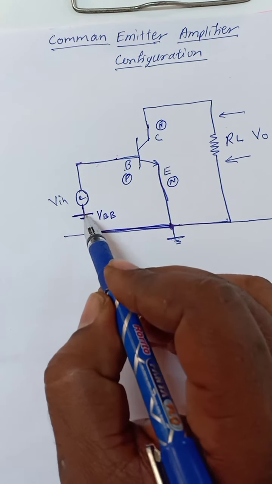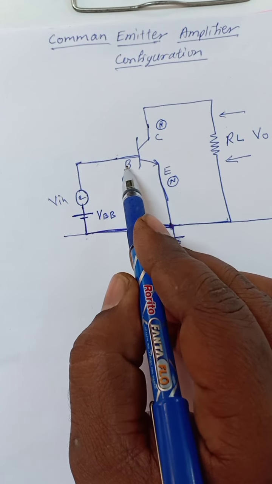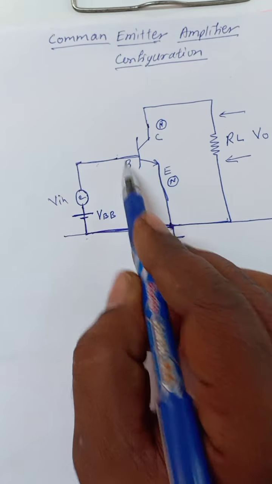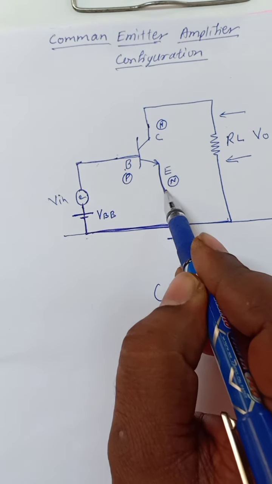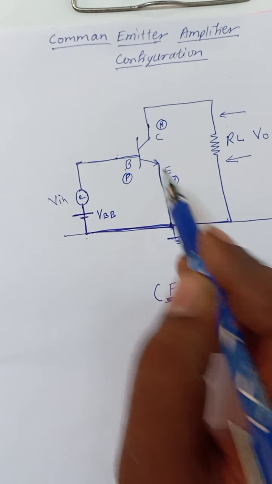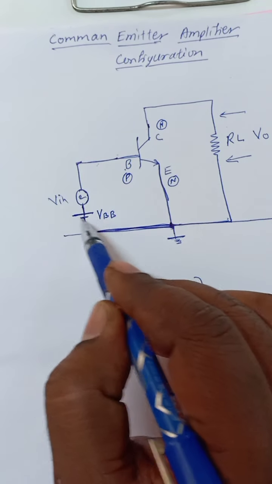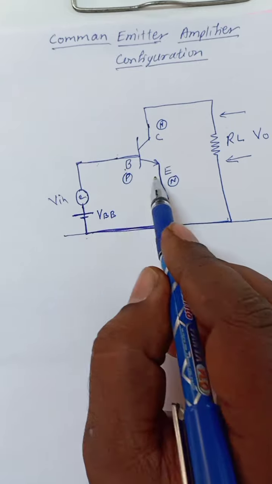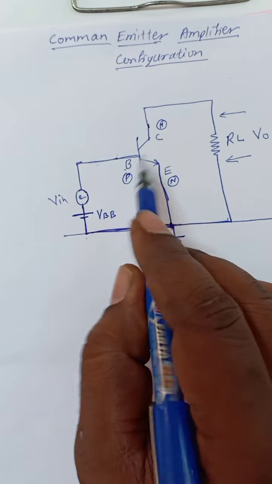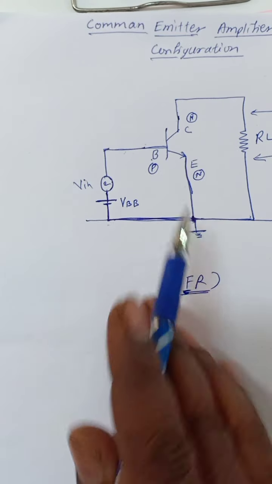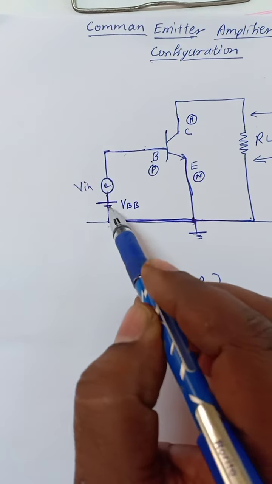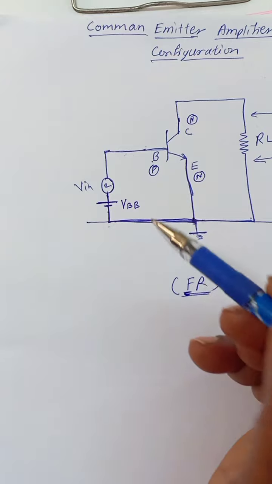Positive voltage is applied to the P-type base and negative to the N-type emitter, so the base to emitter junction gets forward bias.